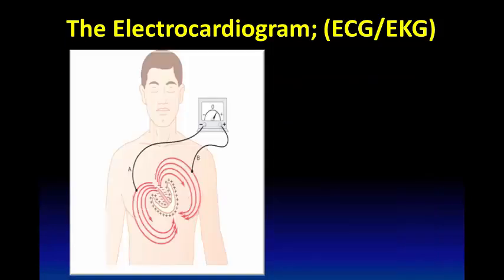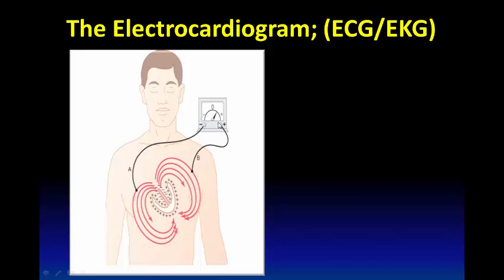So here we have the heart, and we can look at the heart as if it is an electric generator, as a battery. We can record the electrical activity of the heart, which is transmitted to the surface of the body, using a galvanometer, a voltmeter.